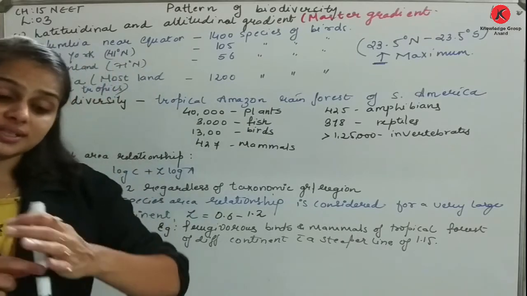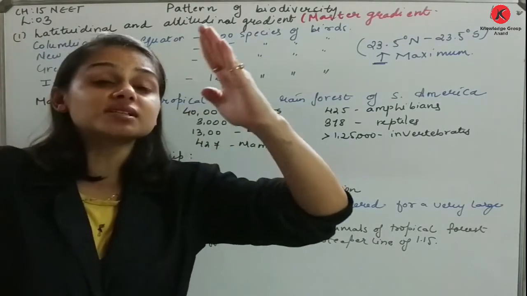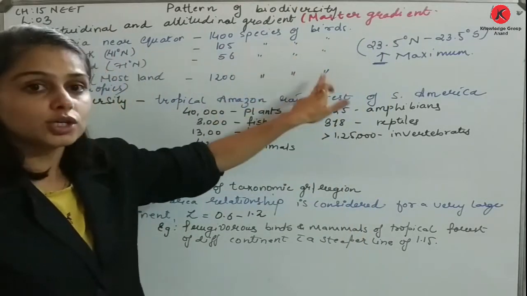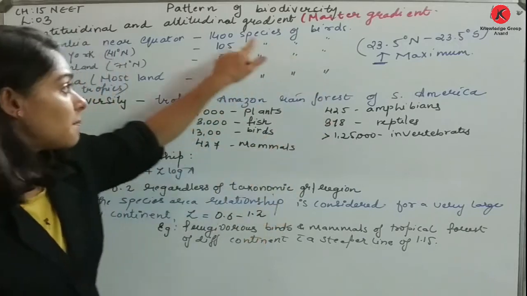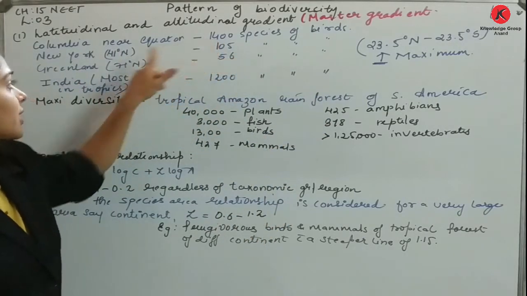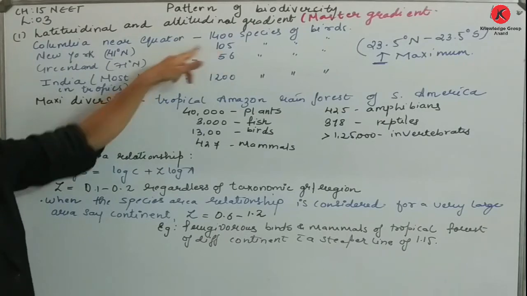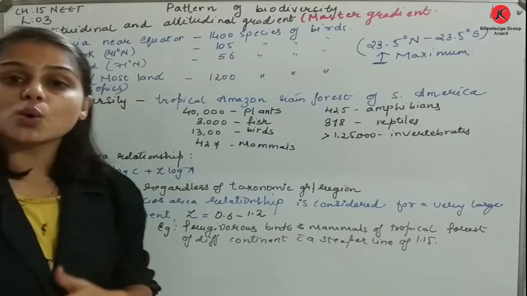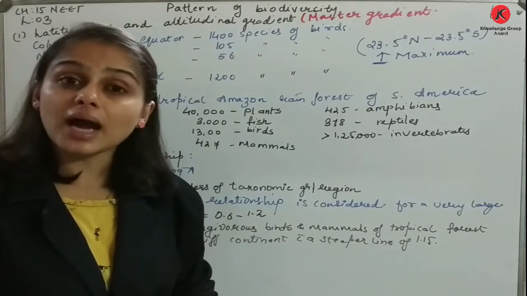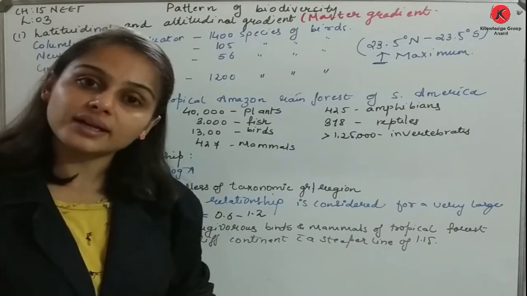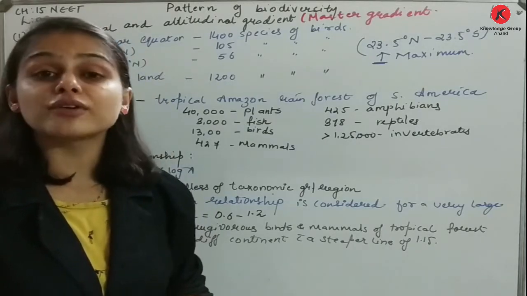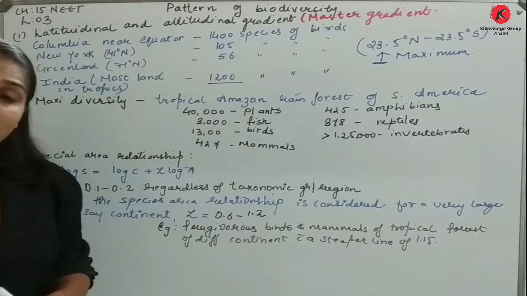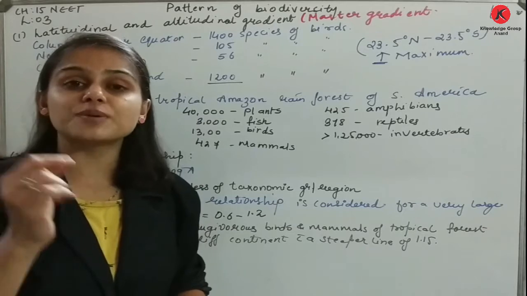So as you notice, as the distance from the equator increases, the number of birds also decreases. Maximum near equator, that is 1400, then 41 degree north, 105, and 71 degree north, 56. If we are talking about our country India, most of whose land is in the tropical region, we have 1200 species of birds.